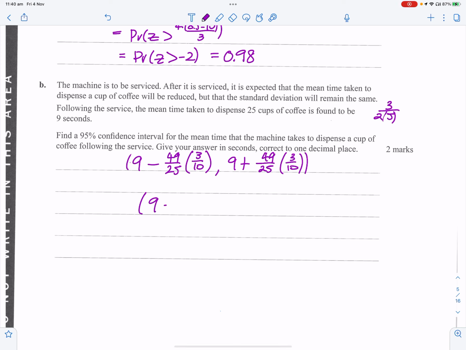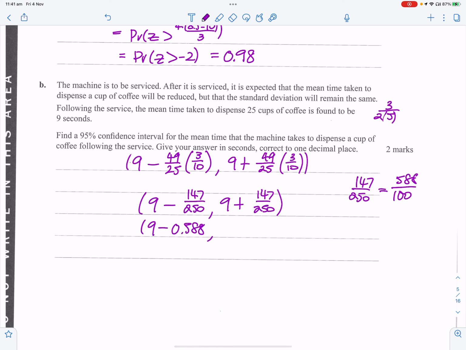Okay, so we get 9 minus 147 on 250, 9 plus 147 on 250. 147 on 250, if we times it by 4, we get 1,000. 147 times 4 is 588. 9 minus 0.588, 9 plus 0.588.